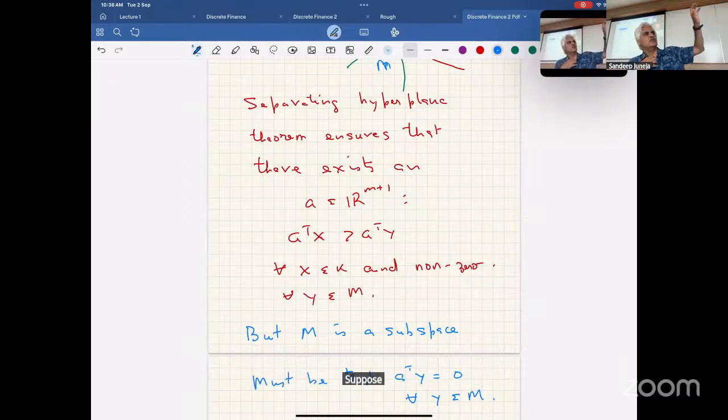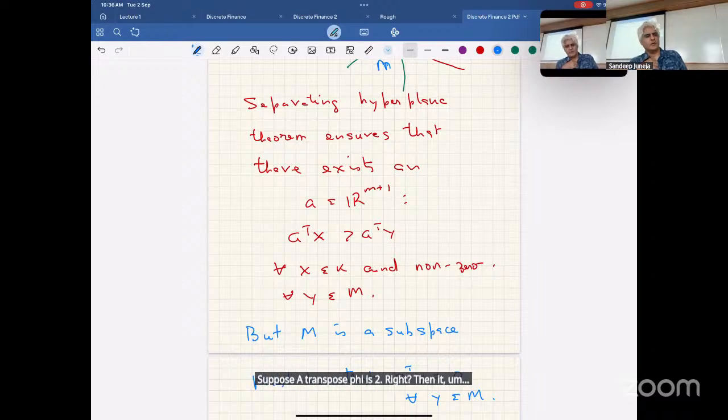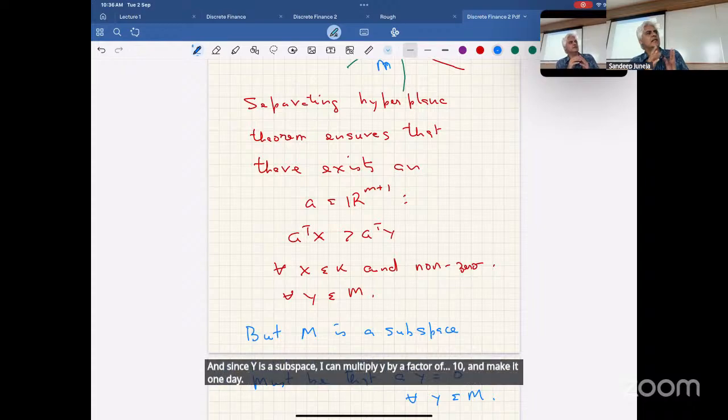Suppose a transpose y is minus 2. Then my subspace also contains minus y, so a transpose of minus y is equal to 2. And since M is a subspace, I can multiply y by a factor of 10 and make it 20. So I'll get a contradiction.